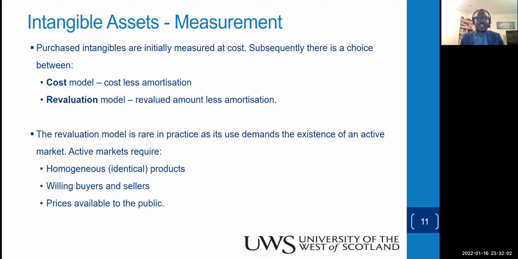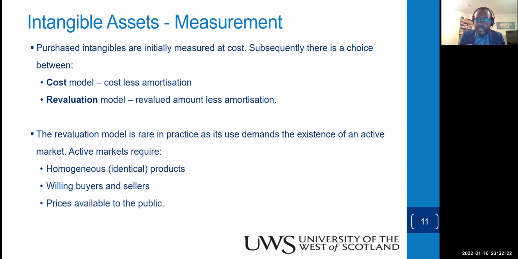So like I said, measurement has to do with the cost model and revaluation. But if the intangible has lost its value over time, it depends on whether it has a finite, useful lifespan, or an indefinite one, and then we'll look at it.